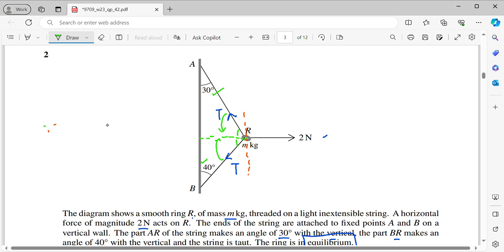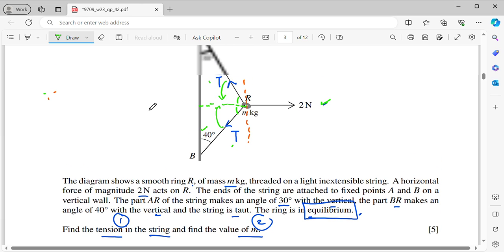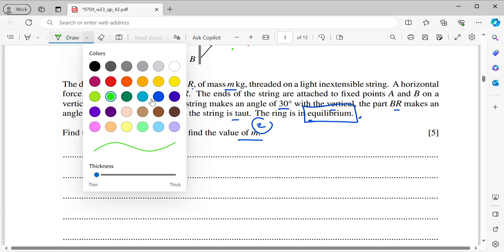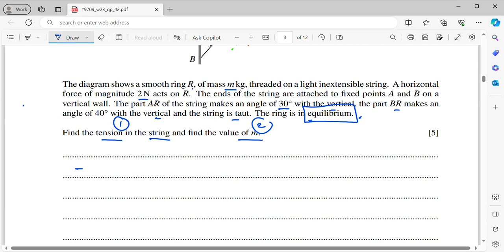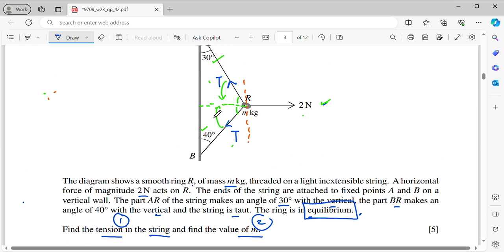Okay, so once I've resolved these two T's, it will be in the opposite direction of the 2 N. Since F equals ma, the a is 0, that means the forces of the T are balanced by the 2 N. So now I will write down, I resolve horizontally.